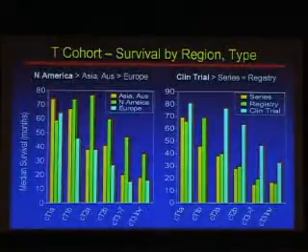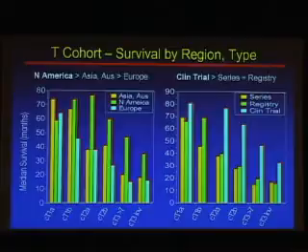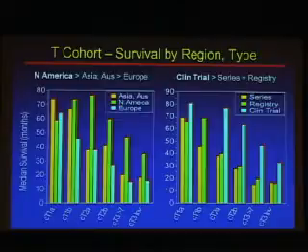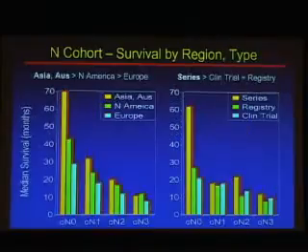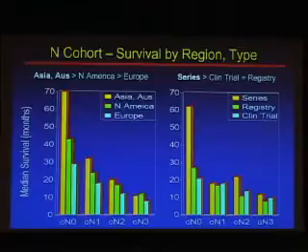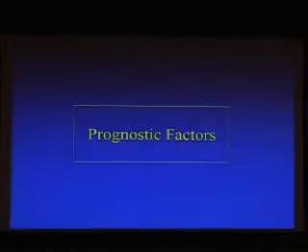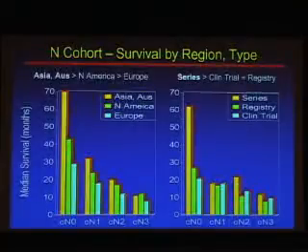The other thing is when we look at just prognosis, it also varies a lot. There were differences for each of the groups here. There were differences between Asia, North America, and Europe, differences between series, registries, clinical trials. It's true for the T classification. It's true for the N classification. It's true for a bunch of different things.